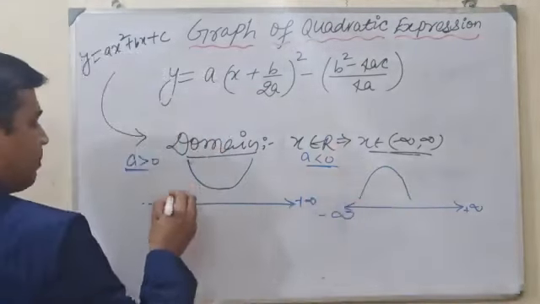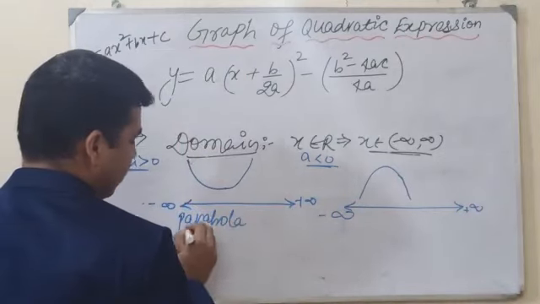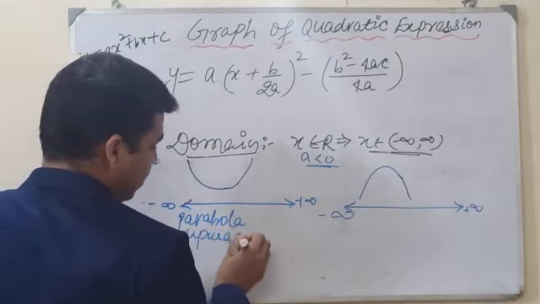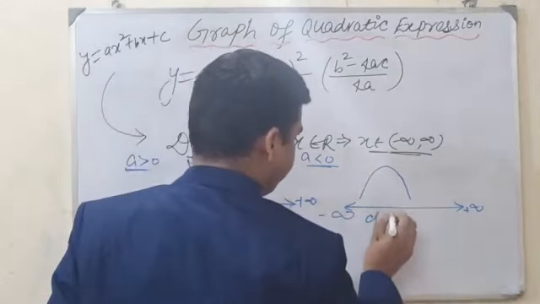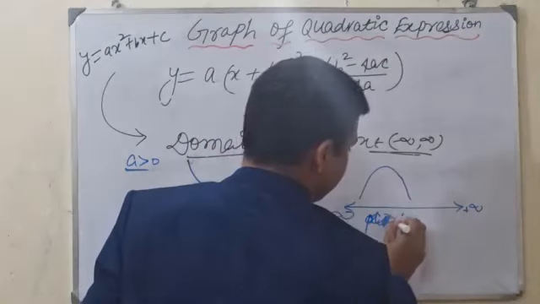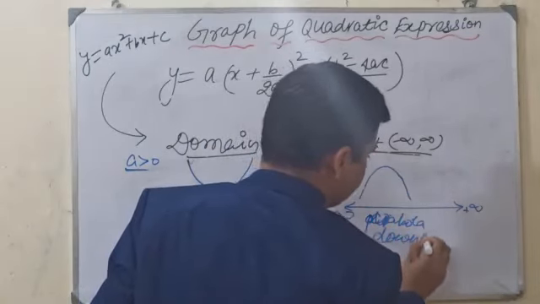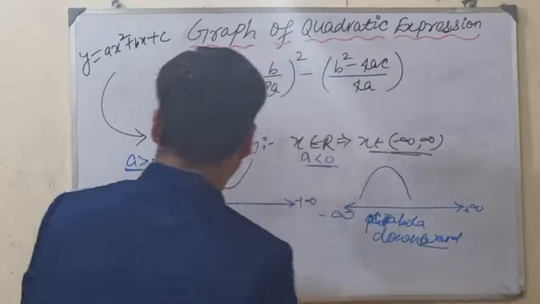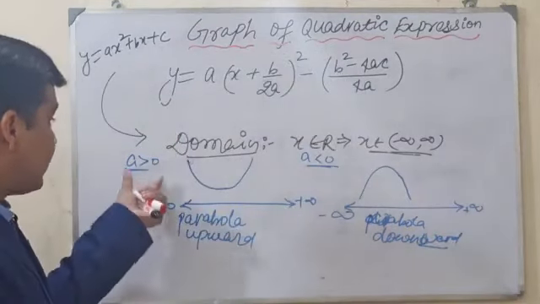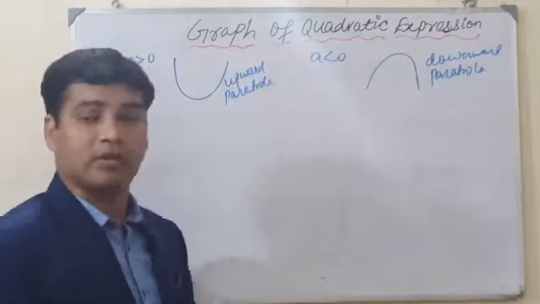So this is called an upward parabola, and this is called a downward parabola. You need to remember it in a simple way: when a is greater than 0, it is an upward parabola; when a is less than 0, it is a downward parabola.